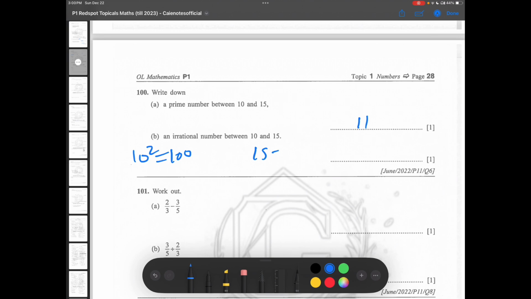Square of 15 is 225. So just take a number between 100 and 225 and put the square root above it. If I take square root 103, this will be a prime number, so this will be an irrational number.